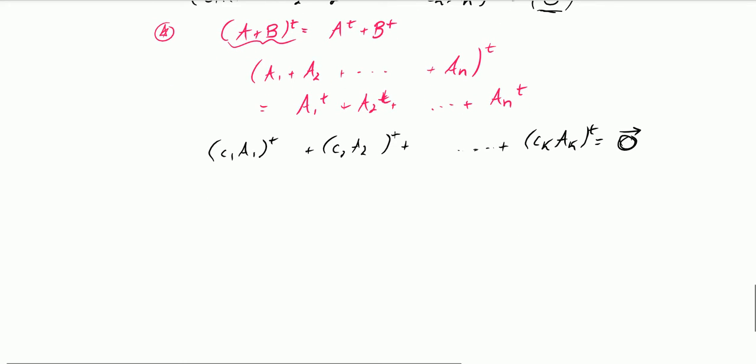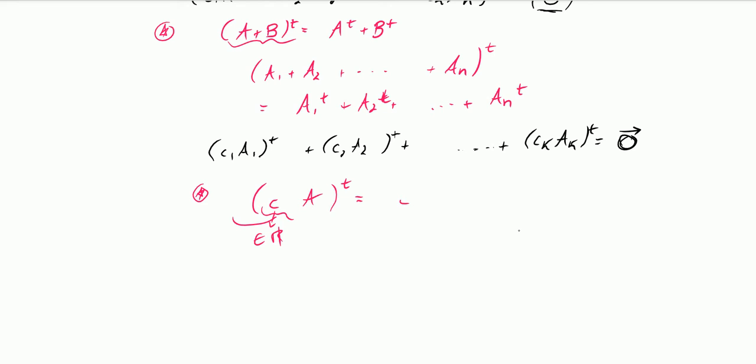Now another property of the transpose is that if we have a scalar C, which belongs to R, and a matrix A, when we take the transpose, we can take the scalar out and it won't affect the result. So that's equal to C times A transpose.